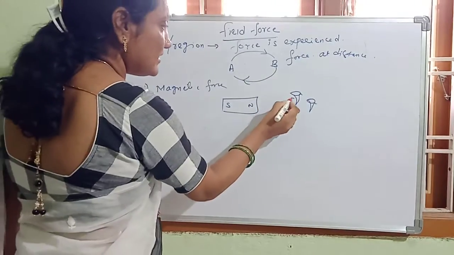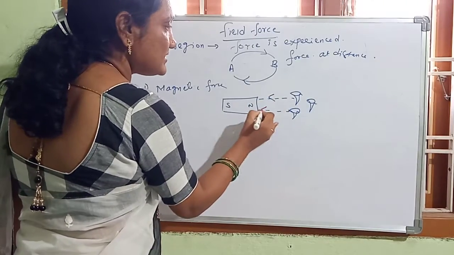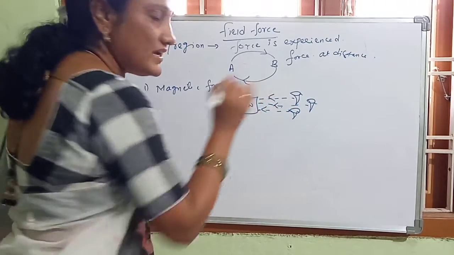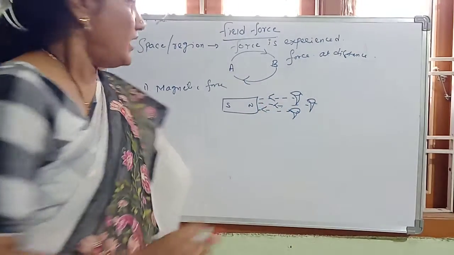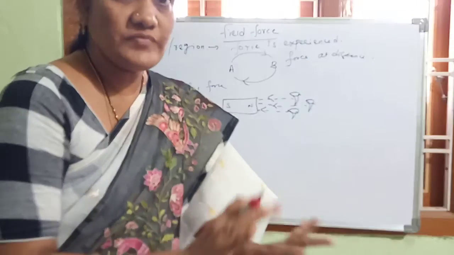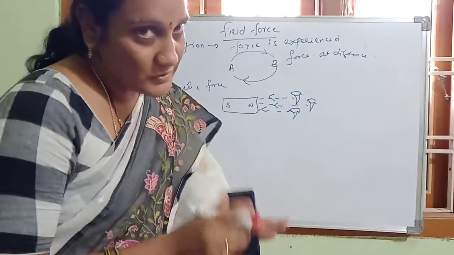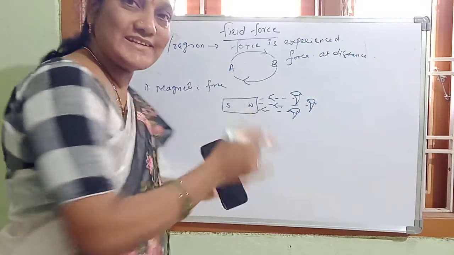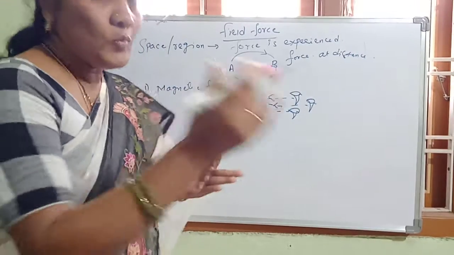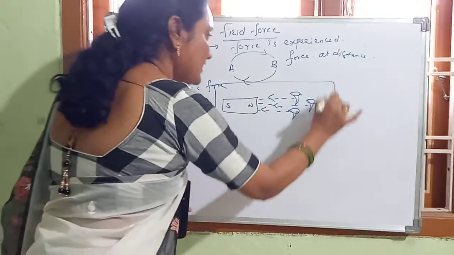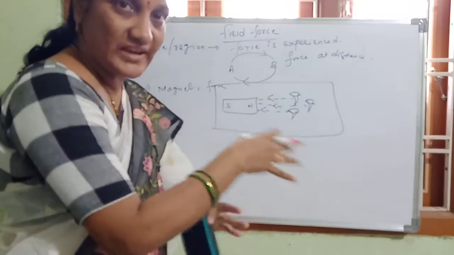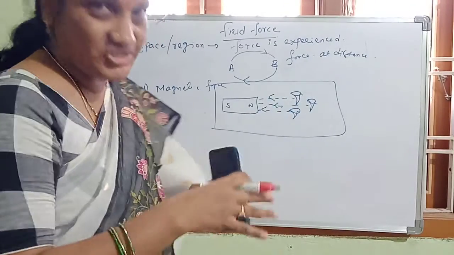We find that all these nails are attracted by the magnet. There is no contact or physical interaction between the magnet and the nails, but the nails are attracted by the magnet. Why? This magnet has its effect up to a certain region.